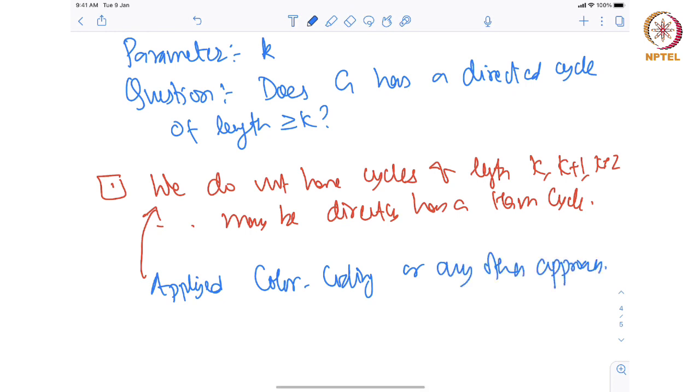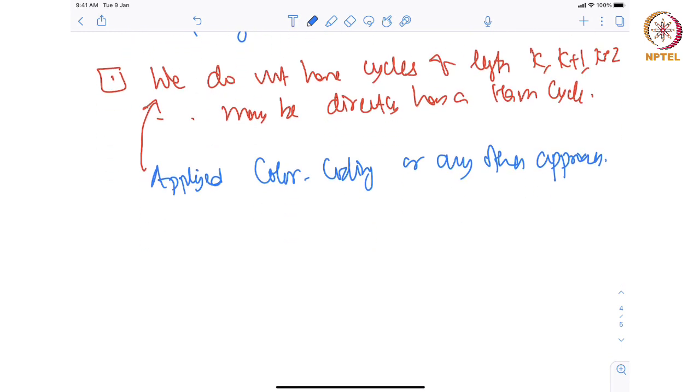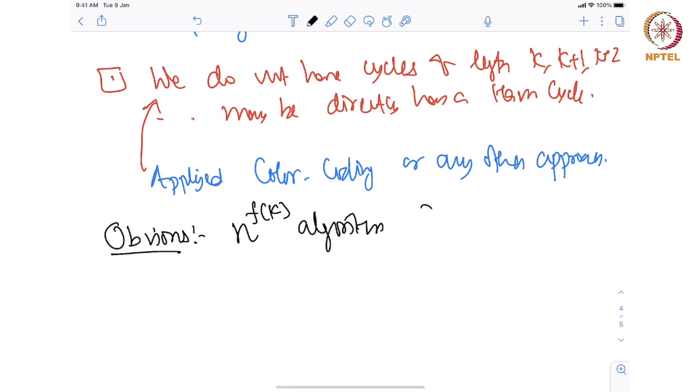So, in that sense this question is very different. We want to test whether G has a directed cycle of length at least k. It is possible that the graph does not have a cycle of length any function of k, but it has a much larger cycle. How can I find such a cycle? It is not even obvious that we can design an n to the power f of k algorithm for this problem.